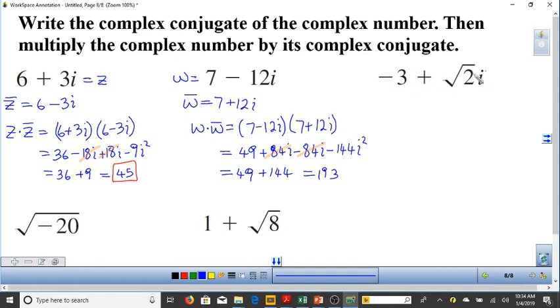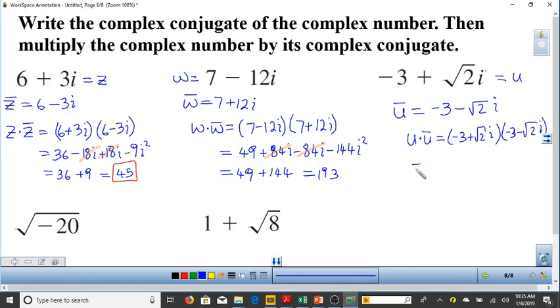Now let's go for the next one. Let's call this U. So U bar, or U conjugate, is negative 3 minus square root 2i. So when we multiply U by its conjugate, we get negative 3 plus square root 2i times negative 3 minus square root 2i. And some of you may be able to notice what's going to happen again here. Negative 3 times negative 3 is positive 9. And negative 3 times negative square root 2i is positive 3 square root 2i.